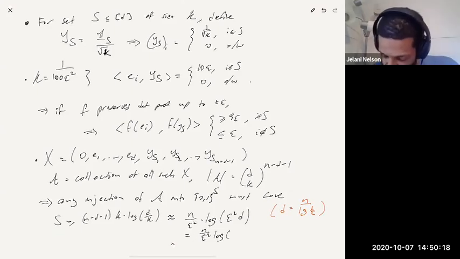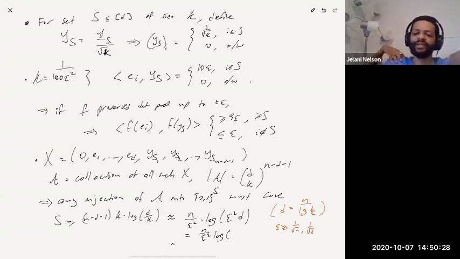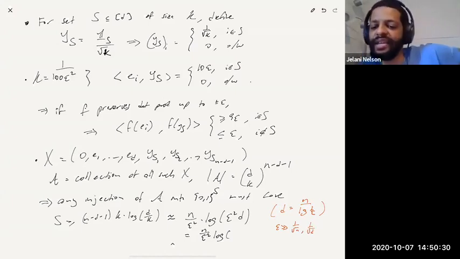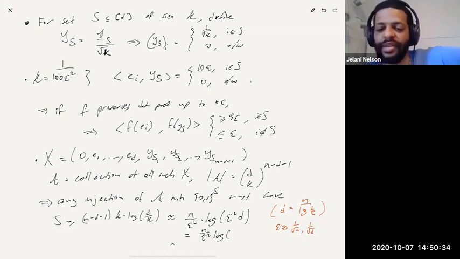And let me also make the assumption that epsilon is much bigger than both 1 over root N and 1 over root D. Why is that a reasonable assumption? Again, there's always an embedding into dimension N minus 1 with no distortion. There's always an embedding into dimension D, namely the identity map, with no distortion.